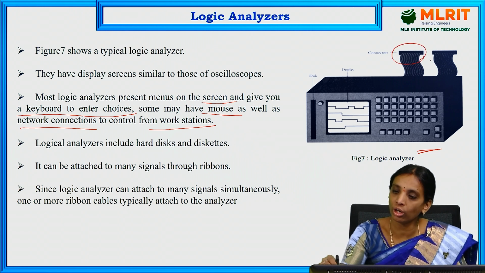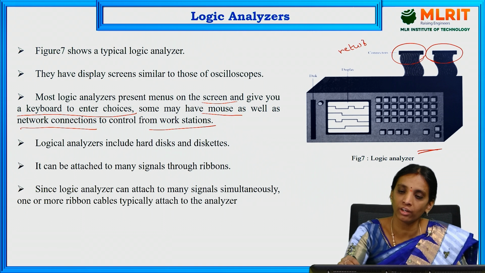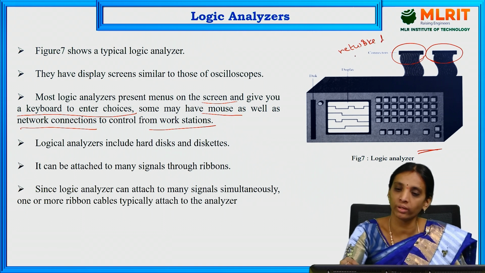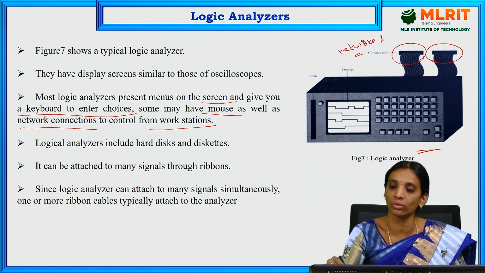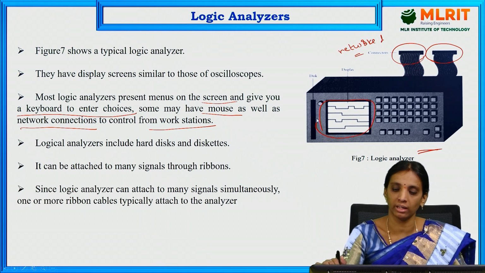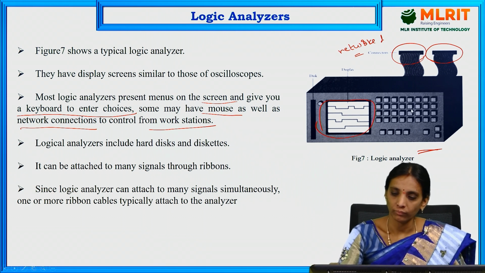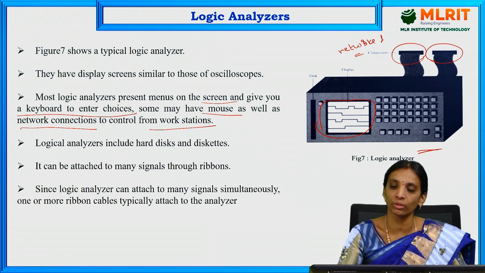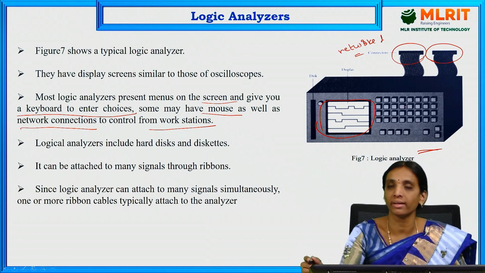These cables are used for connecting the logic analyzer to network devices. This is the display of the logic analyzer, and these are the keys used for entering user information through the keyboard. Some logic analyzers also have mouse capability.